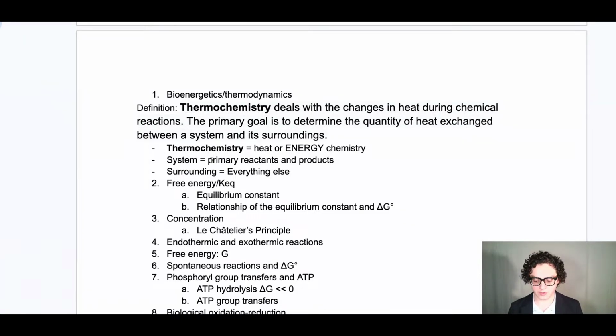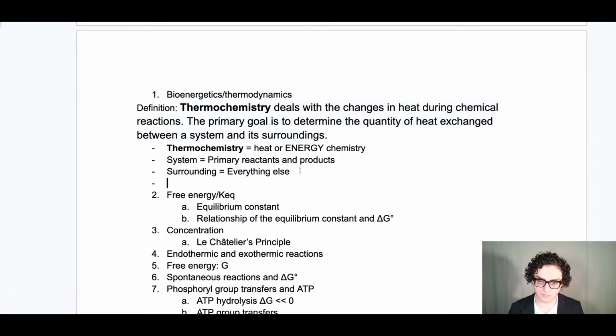So, in order to determine the energetic favorability of a reaction, which ultimately determines in nature whether or not the reaction is going to occur, we need to figure out what amount of energy is transferred between the system or the reaction and its surroundings, which is everything else in the universe. And when I say reaction, I mean chemical reaction, whereby molecules collide together and form products, new molecules on the other side.